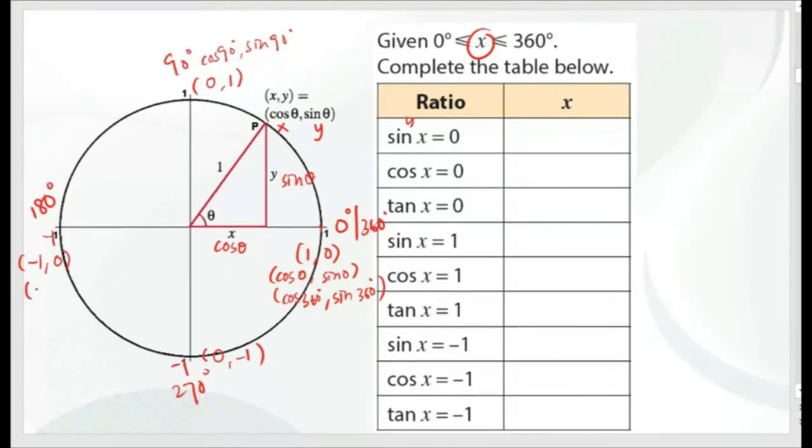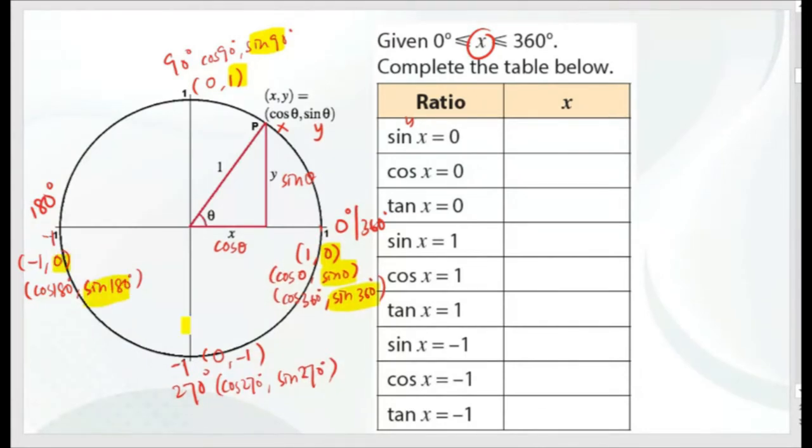Negative 1 is cos 180 and sine 180. Then 0, negative 1 is cos 270 and sine 270. So from here, this is the information we get. We go to the first one: when sine x equals 0, this is the value for sine.